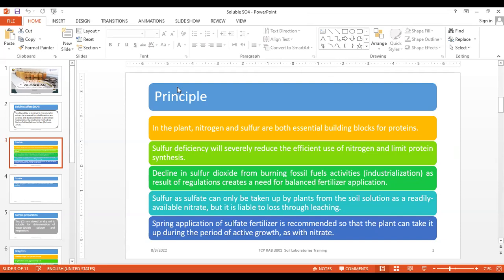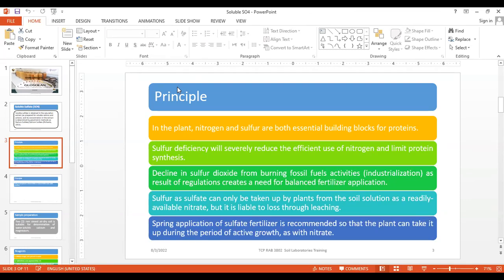Therefore, it is always recommended in arid regions to add sulfur to improve nutrient availability for the plant.